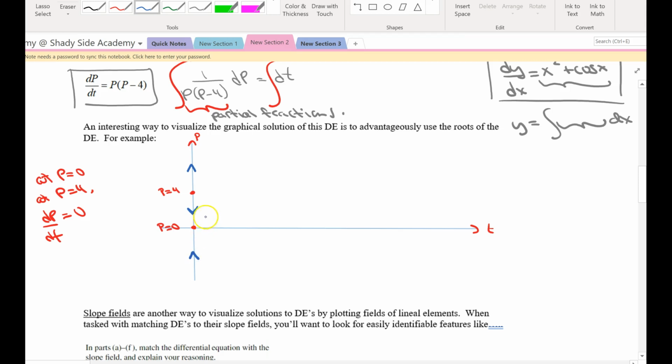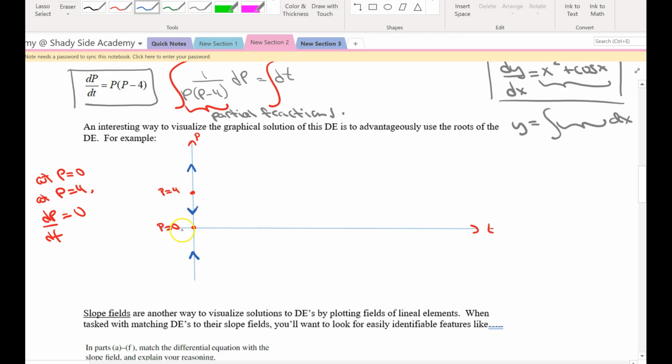So let's talk about the interval between p equals 0 and p equals 4 for a moment, and about the fact that the function we're looking at has to be decreasing for p between 0 and 4.